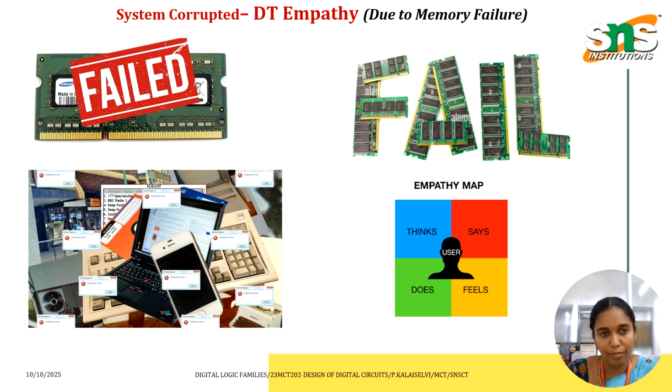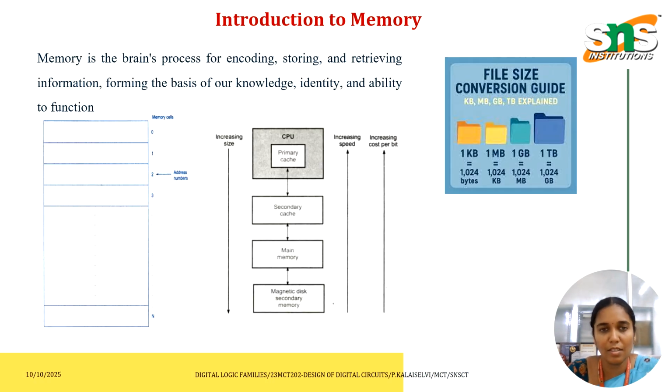To solve this problem, we can go for the perfect memory. Memory is mainly used for encoding, storing and retrieving information, forming the basis of our knowledge, identity and ability to function. We already discussed this in your previous session.